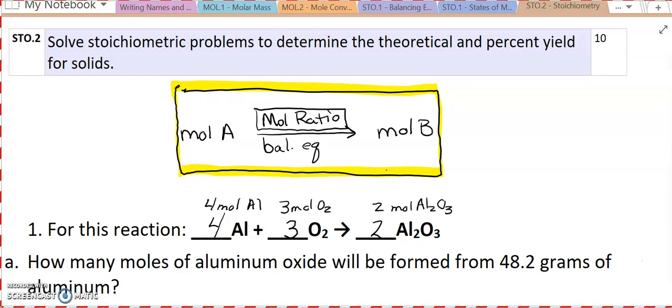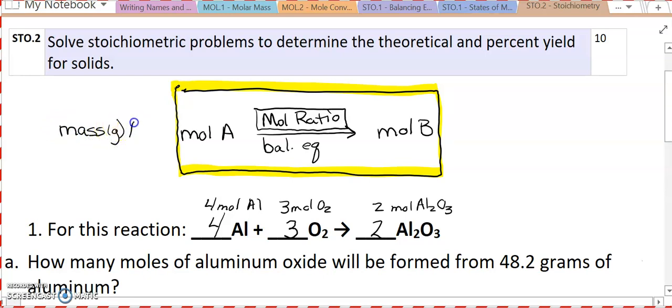And if I'm in lab and I'm measuring solids, I'm going to put it on my balance and I'm going to come up with a mass in grams of my starting substance. So I need a way to convert that mass to moles so I can do the stoichiometry.